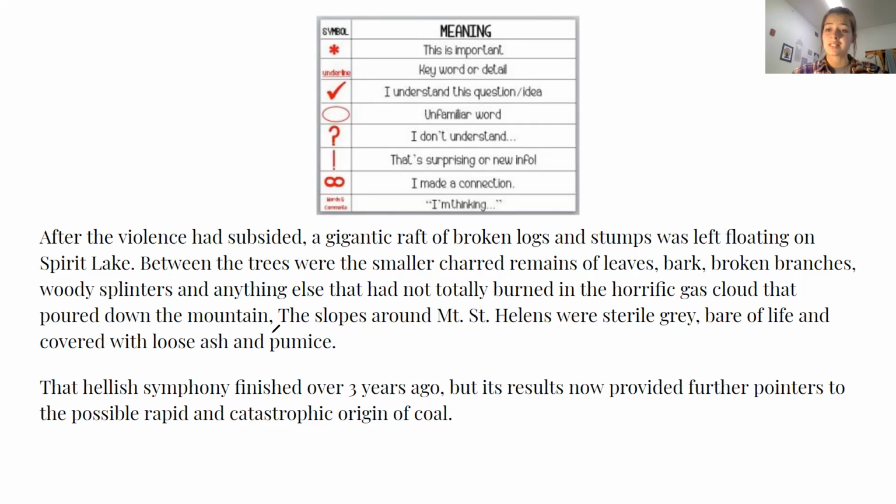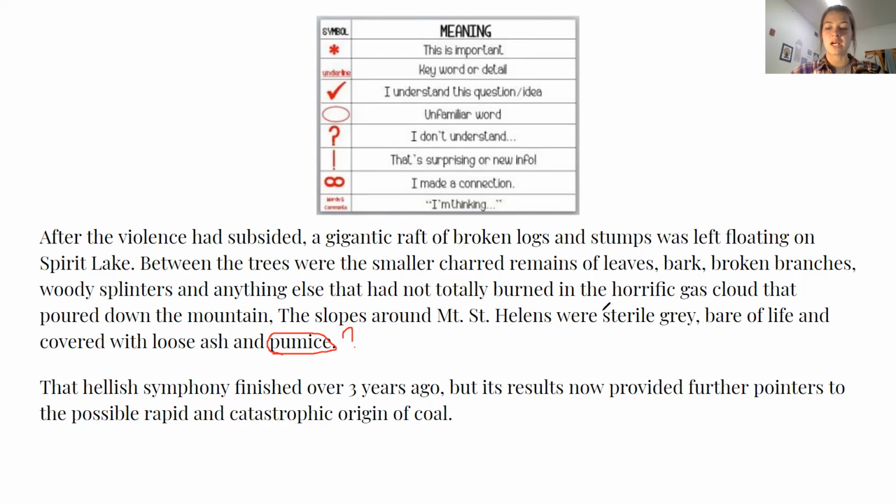Oh, guys, that was a really long sentence. All right. The slopes around Mount St. Helens were sterile gray, bare of life, and covered with loose ash and pumice. Oh, what is pumice? You guys ever heard of pumice before? I'm not really sure what that is. I'm going to circle that, and I'm going to put a question mark by it, because I'm not sure.